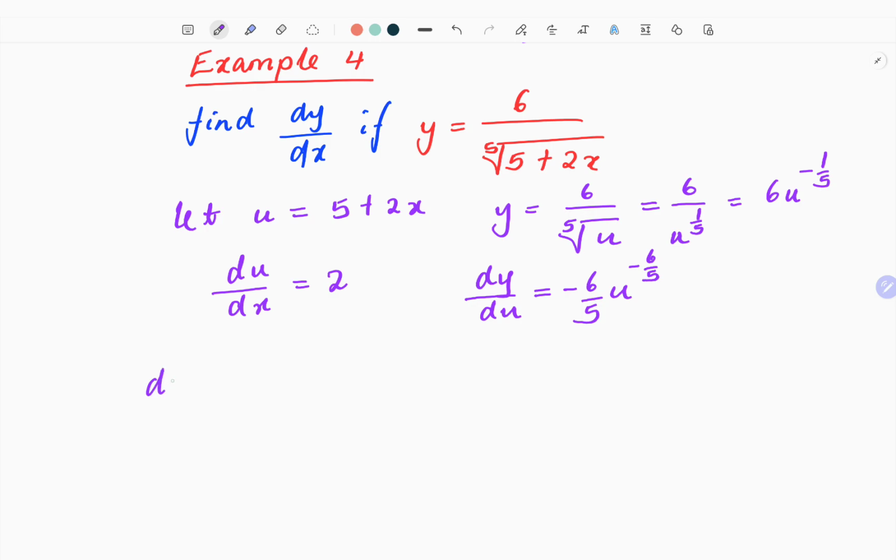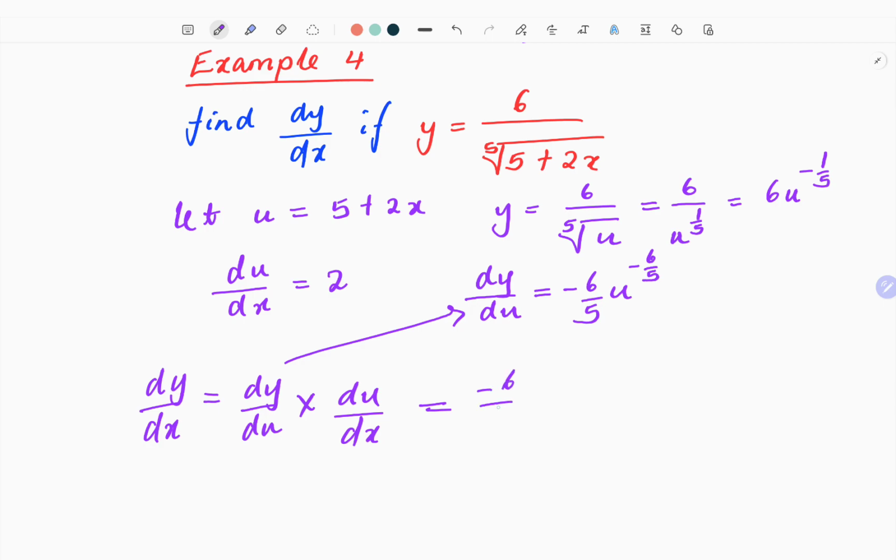Then the last step is finding your dy/dx. Remember, dy/dx is equal to dy/du multiplied by du/dx. Your dy/du is negative 6 over 5 u to the power negative 6 over 5, multiplied by your du/dx, and that will be a 2.